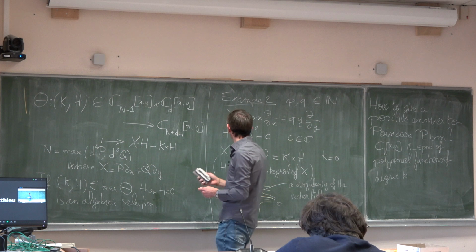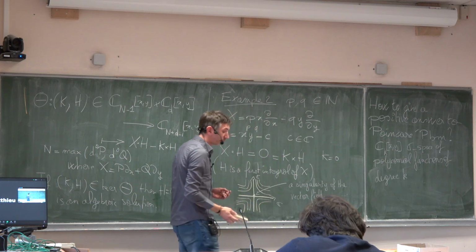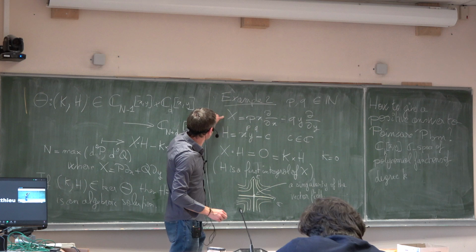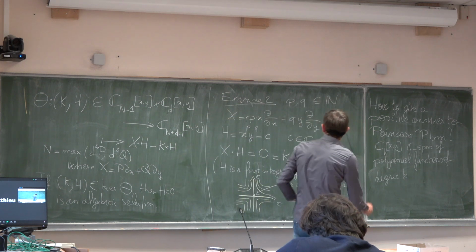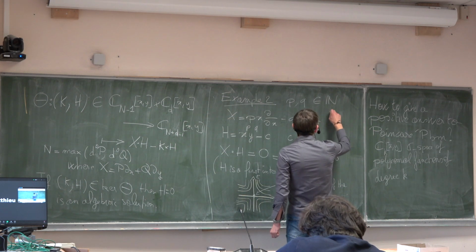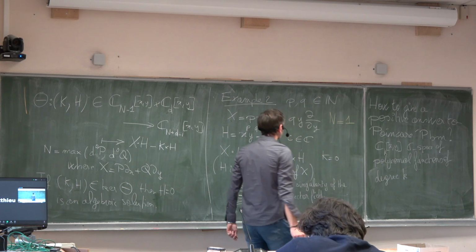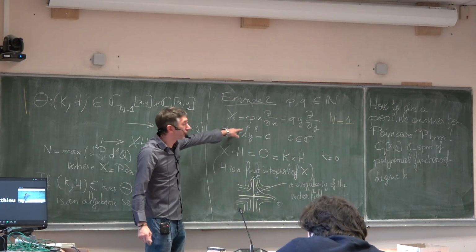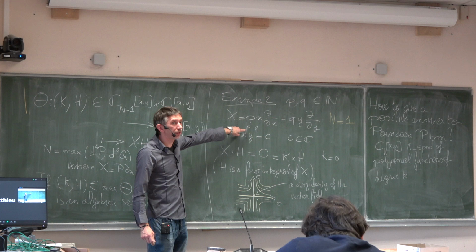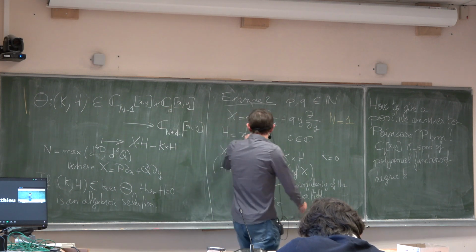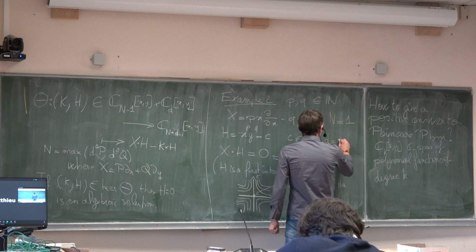The problem is that with that example, you can see that this is impossible. Here, the degree of this vector field is 1. For this vector field, the integer n is 1. And you see that the degree of most algebraic solutions here is p plus q.